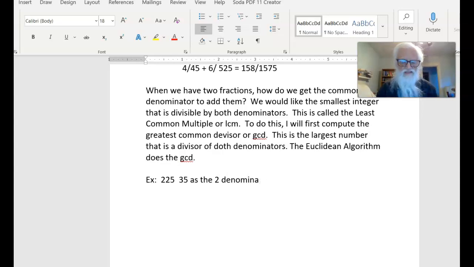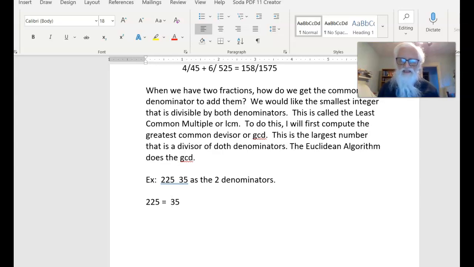Now the trick is that what I'm trying to do is find some way that I can write these two in an equation related to each other. And I start by taking the larger of the two, and I put 35 there. And then I ask, how many times does 25 divide 35?